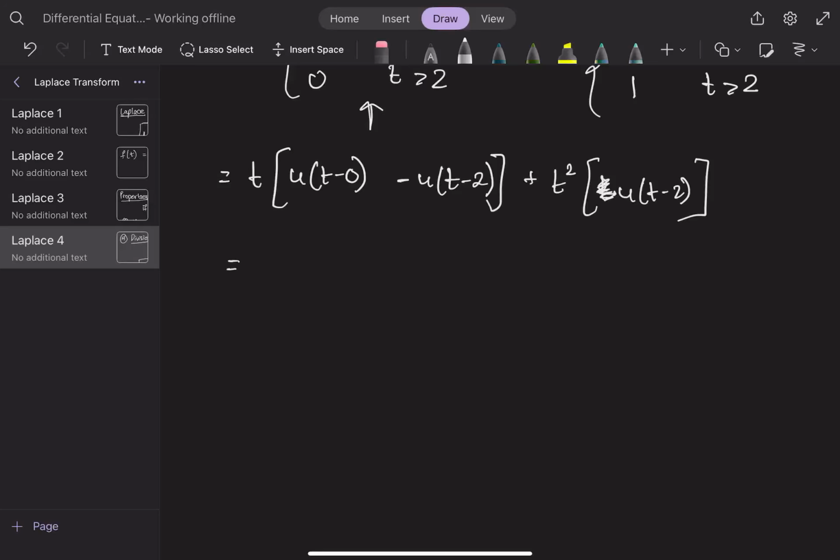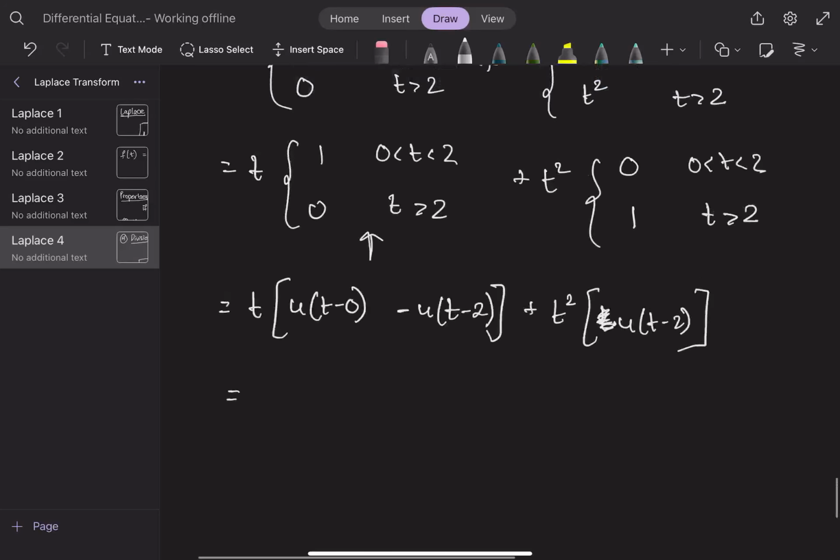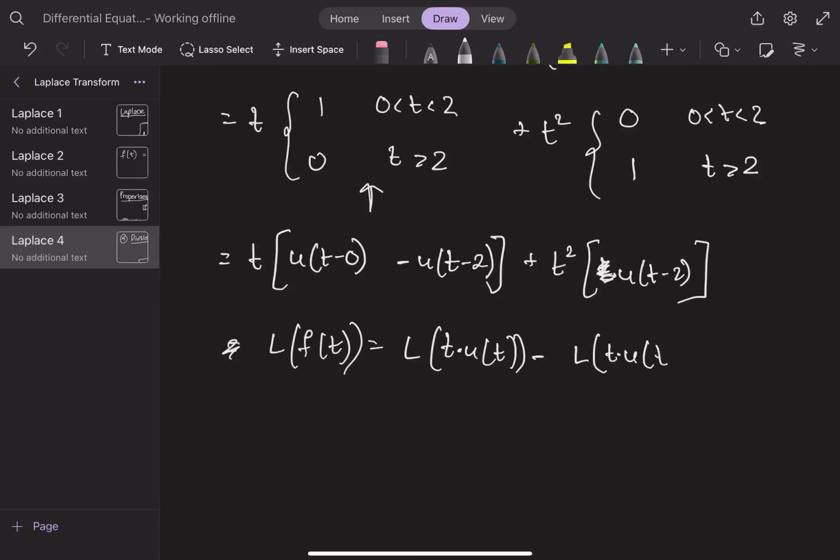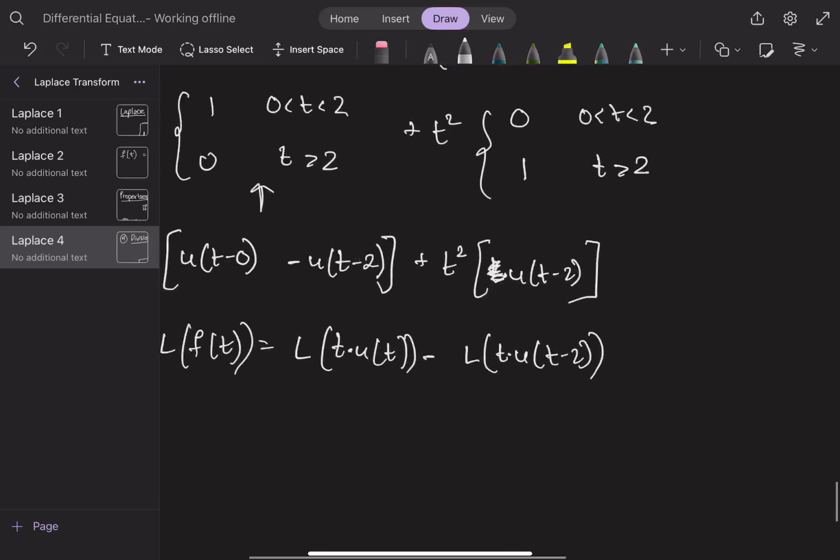So when you're writing Laplace of f of t, this will become Laplace of t u of t, minus Laplace of t multiplied by u of t minus 2, plus Laplace of t square multiplied by u of t minus 2.